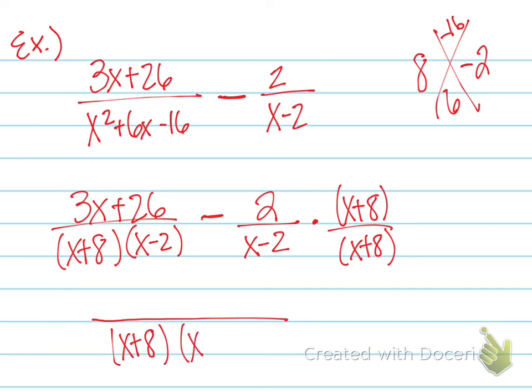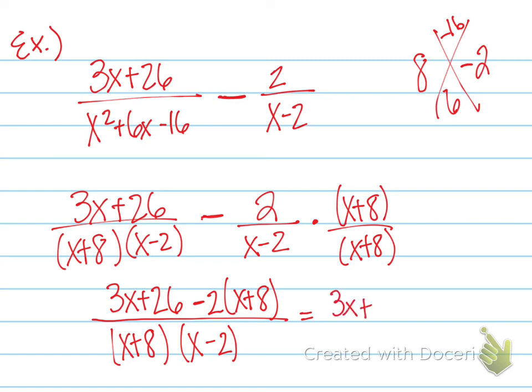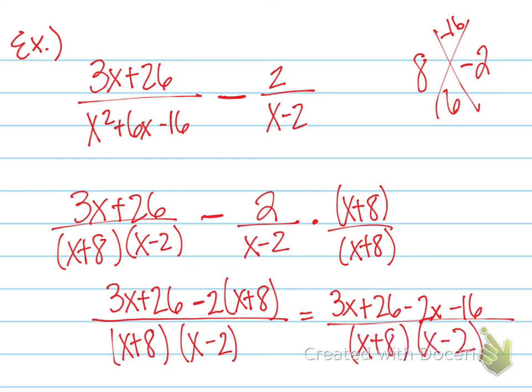And it's x plus 8 and x minus 2. On top, we have 3x plus 26 minus 2 times x plus 8. If I simplify that, I have a 3x plus 26 minus a 2x minus 16 over x plus 8, x minus 2.